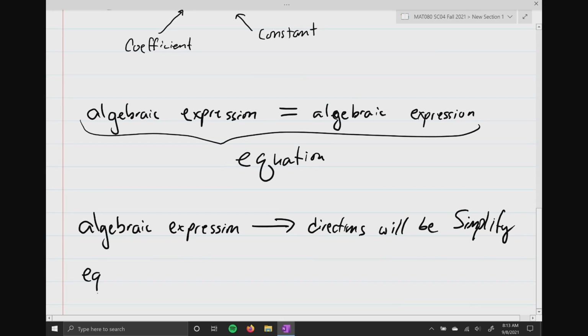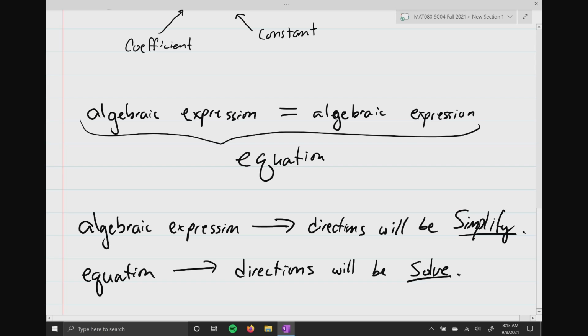When you have an equation, the directions will be solve. Okay? So there's a big difference there.